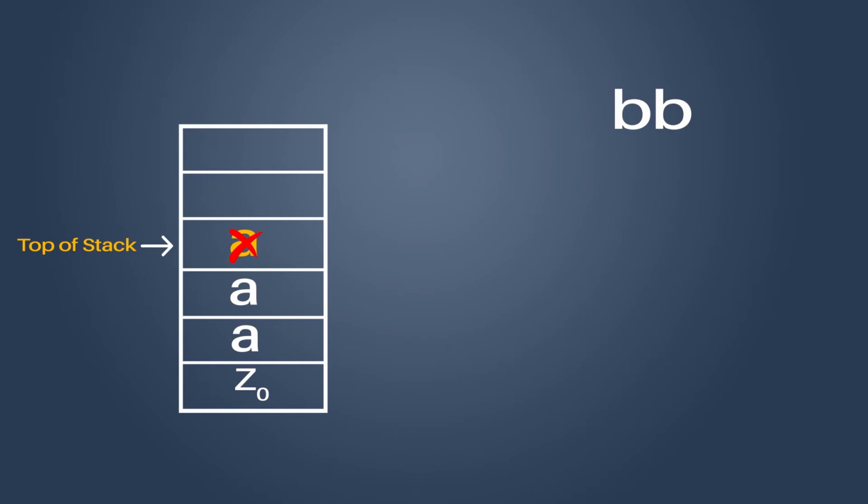Why we should change the state is just to prevent any acceptance of a after we have encountered b. Because if you see the valid strings, we can clearly identify that all the a's would be occurring first and then the occurrence of b would start. For that case, we should change the state from Q0 to Q1.